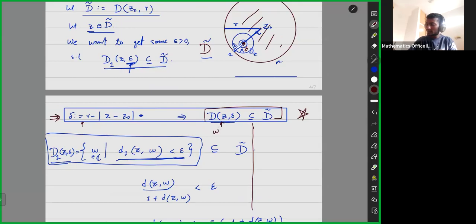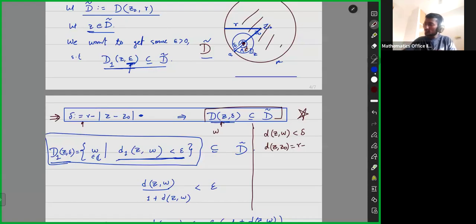If w belongs to this small delta ball, what happens? d(z, w) is less than delta. And what is d(z, z naught)? This is exactly equal to r minus delta.